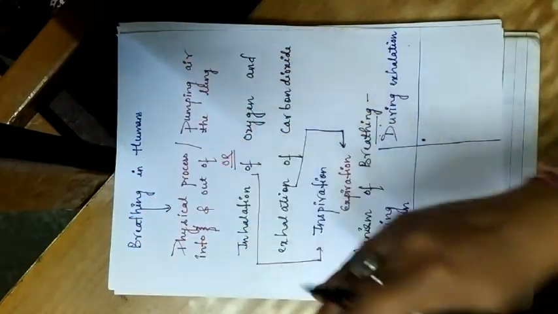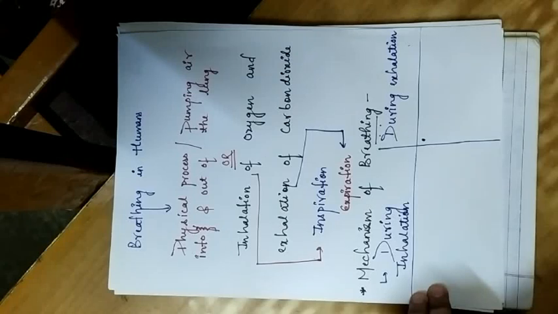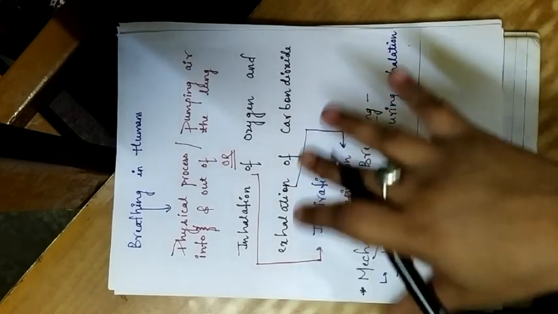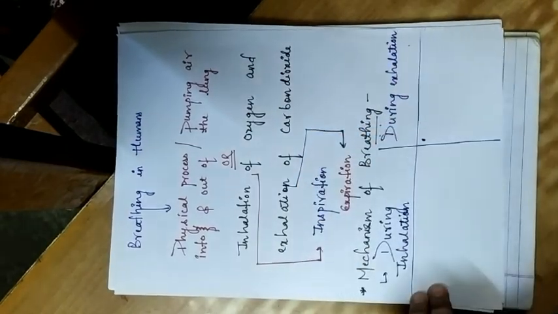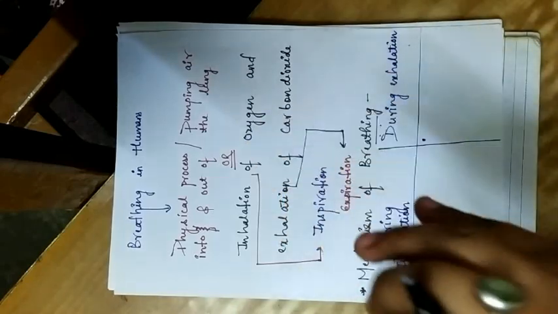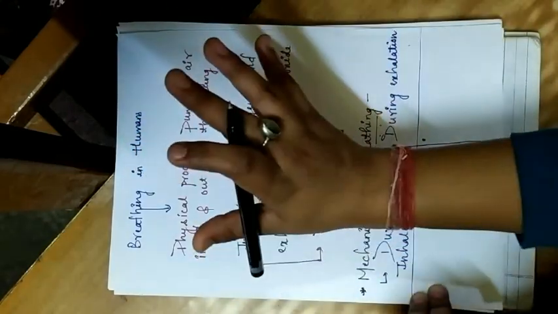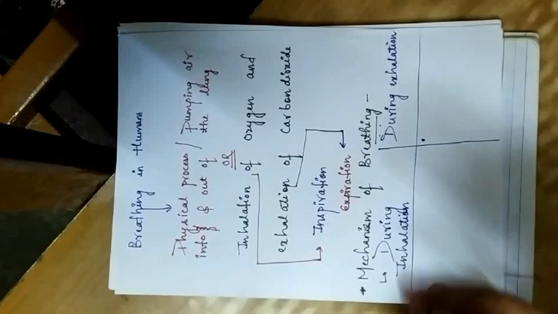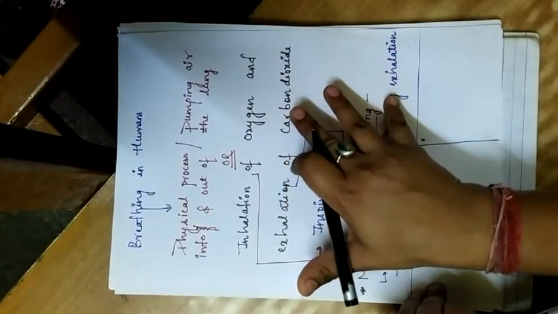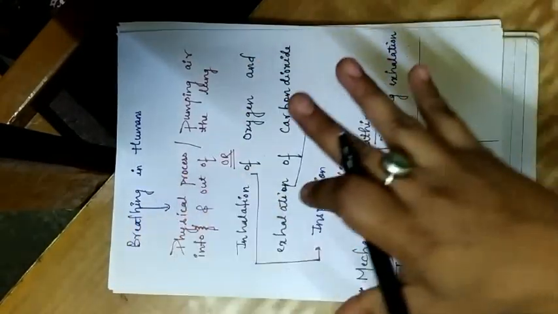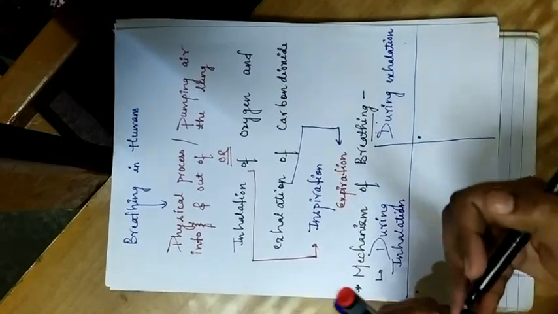As I told you, our lungs rest inside the thoracic cavity and over the diaphragm. When the ribs are moved upwards and outwards, this very diaphragm flattens or moves downwards. Let me write it down also.